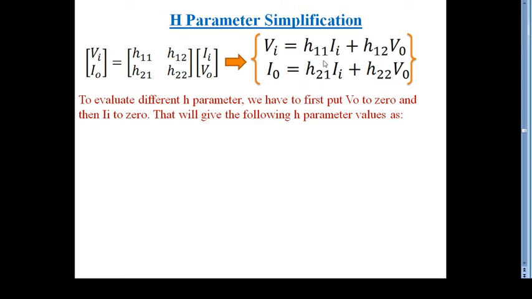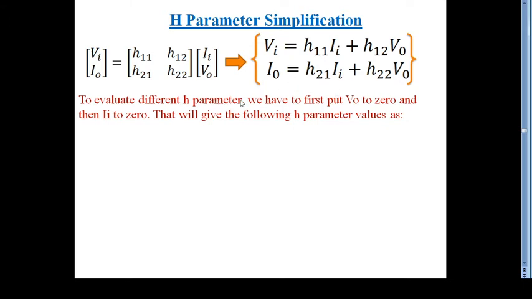We have to find the value of H11, H12, H21, H22. For this purpose, first we take the output voltage as 0, which gives H11. When the input voltage is 0, it gives H12. Similarly, with output voltage 0, it gives H21, and with Ii equal to 0, it gives H22.